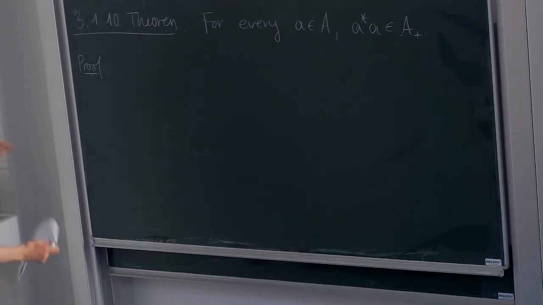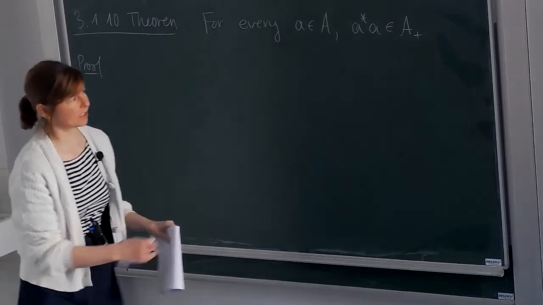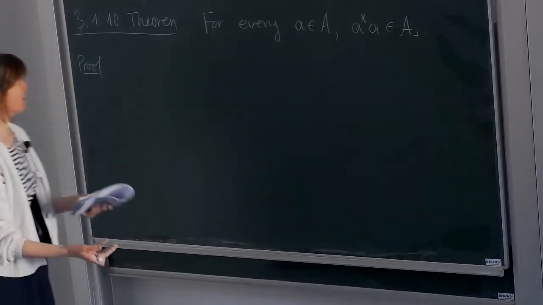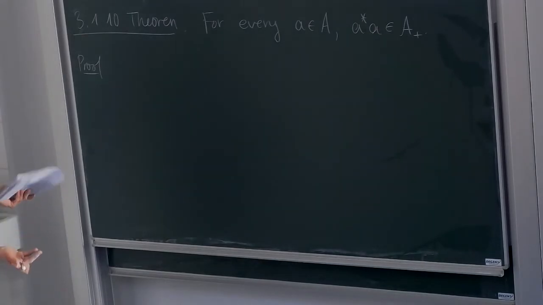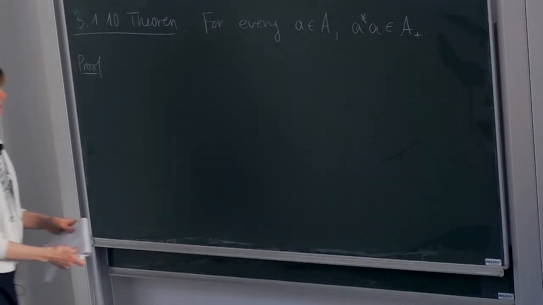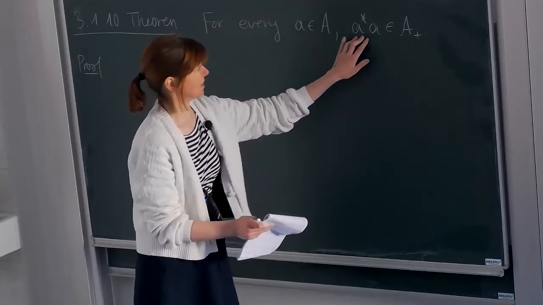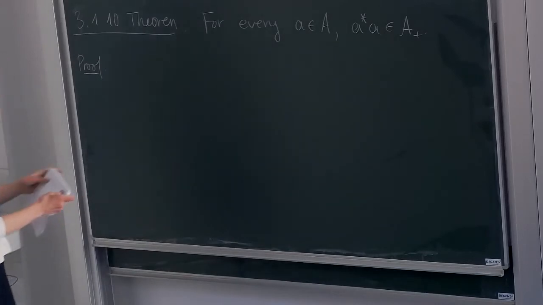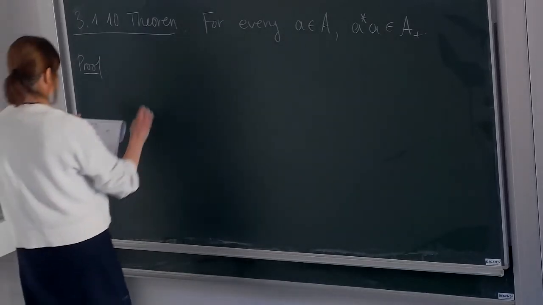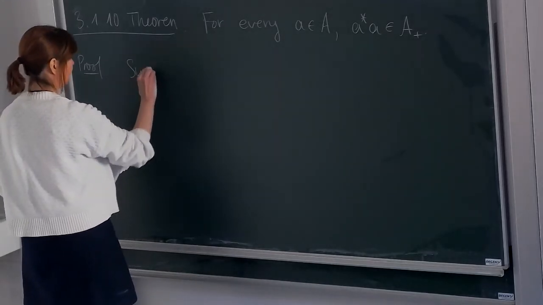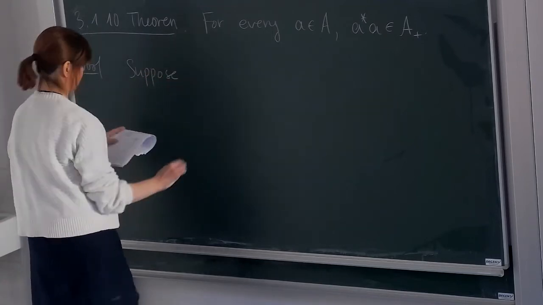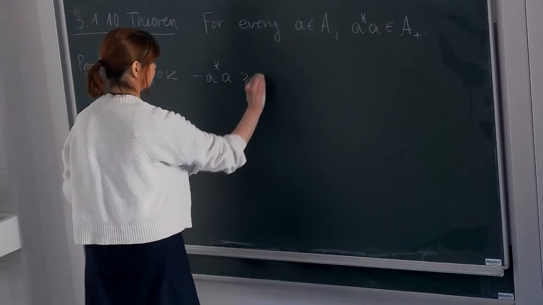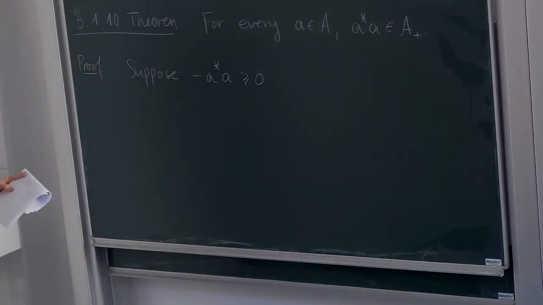So first, we're going to use the fact that we can write a self-adjoint as a combination of two positive elements. And let's first see that this can't be negative in the sense that minus A star A cannot be positive unless A is going to be 0. So suppose that minus A star A is a positive element.